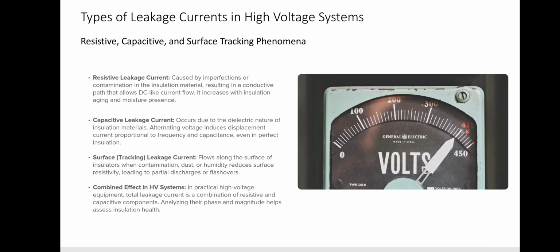Surface leakage current flows along the surface of insulators when contamination, dust, and humidity reduce surface resistivity, leading to partial discharges or flashovers. In practical high voltage equipment, total leakage current is a combination of resistive and capacitive components. Analyzing their phase and magnitude helps assess insulation health.